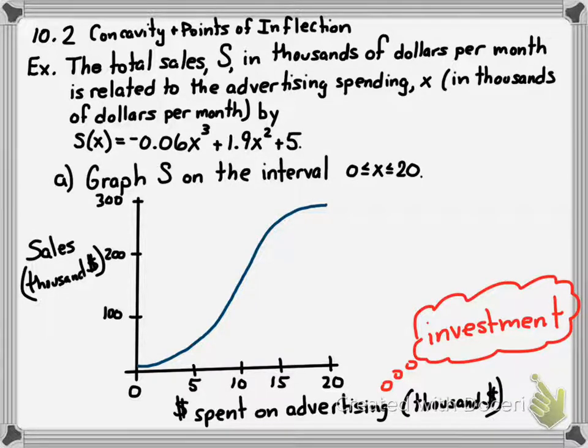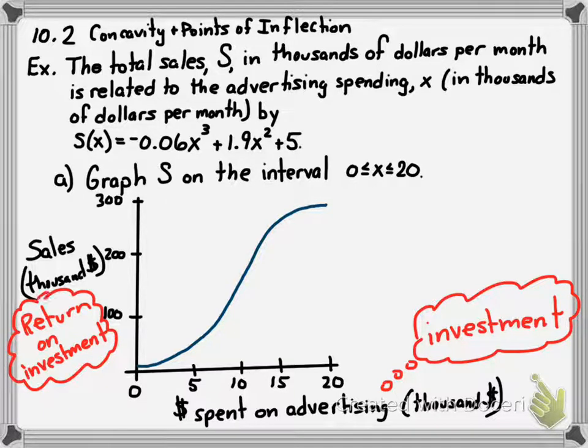And the sales, or the output, which is what we're getting by having an investment, that sales is our return on investment. And so we have an investment, which is our input, the money that we're spending, and then we get something back, which is our return on investment.